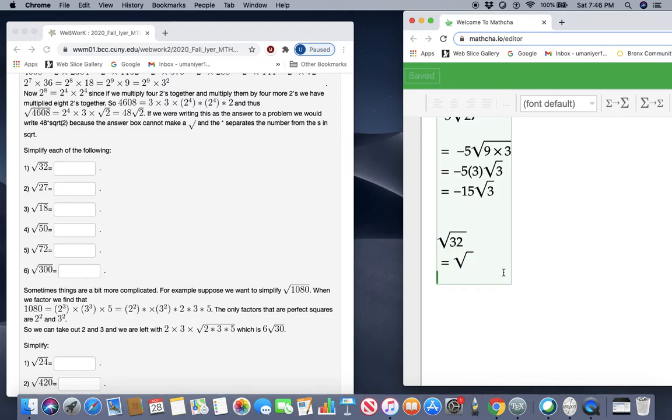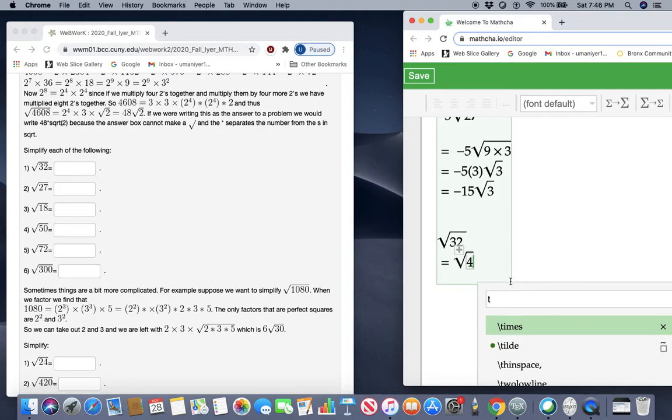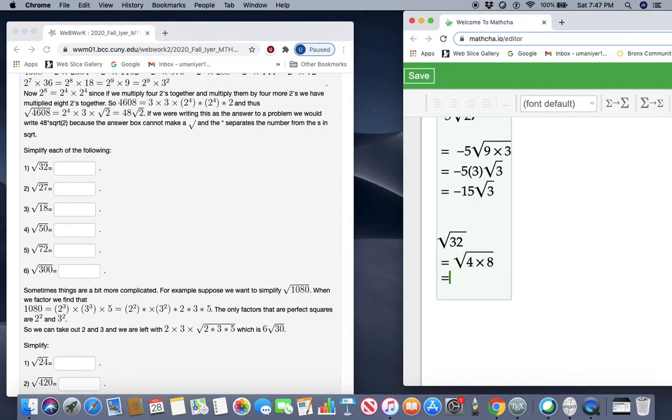It is 4 times 8, but I can do better than that, can't I? It is square root 4 times 2. I need to keep getting more and more perfect squares inside.